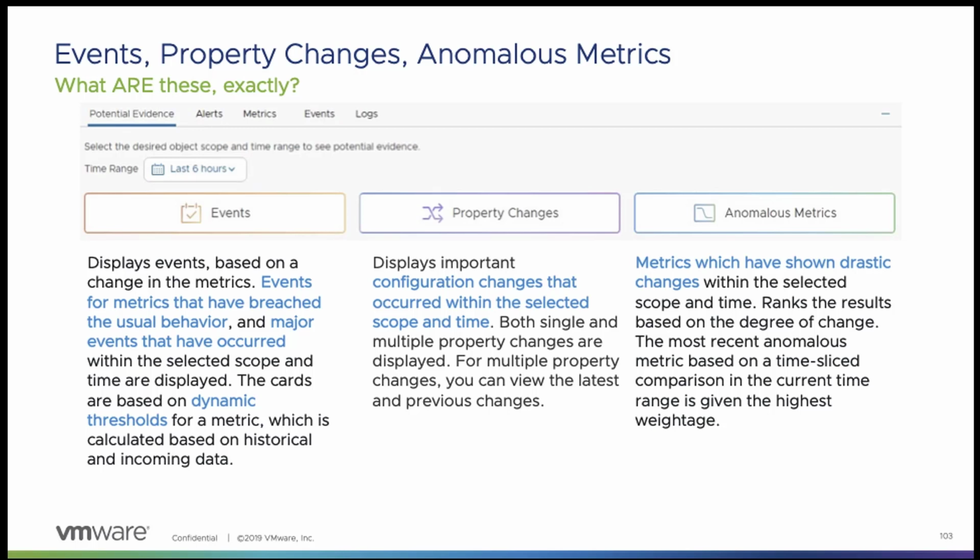And that can be single or multiple property changes that we wanted to look at. And then anomalous metrics, so metrics that have a more drastic change within that time and scope. This is going to rank the results here based on a degree of change, and the most recent ones are going to be given the highest weightage here.